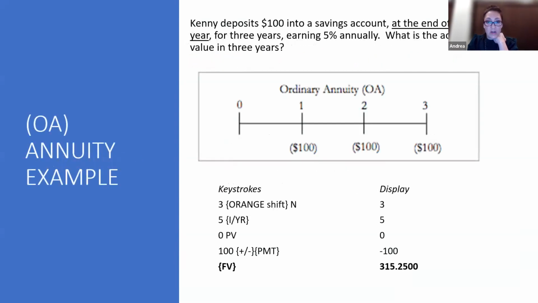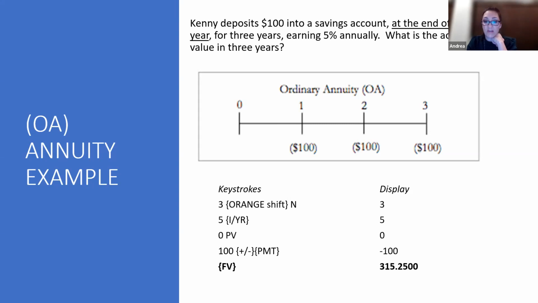Here's an example. We've got Kenny who's depositing $100, and this is an ordinary annuity example, so it is being made at the end of the year. It says specifically here, Kenny is depositing $100 into a savings account at the end of each year for 3 years, earning 5% annually.